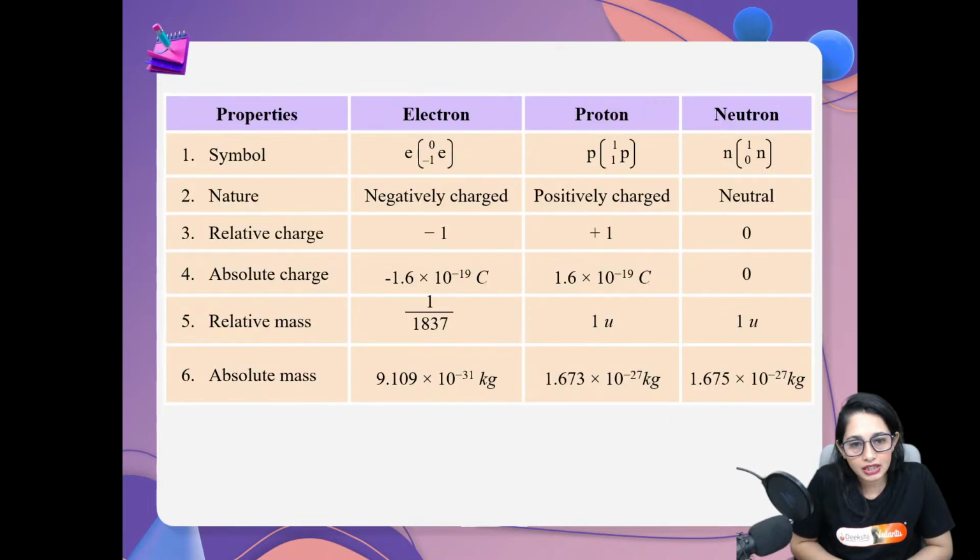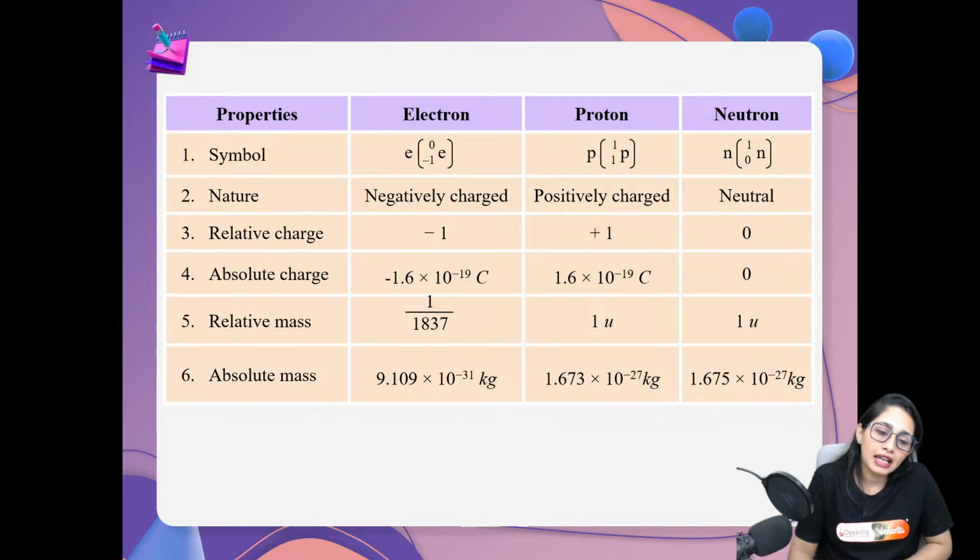Properties, we have discussed it. Symbol of electron, proton and neutron. Nature: electron is negatively charged, protons are positively charged, neutrons are neutral in nature. Relative charge: -1, +1 and 0. Absolute charge: electron, minus 1.6 into 10 raised to minus 19 coulomb. Proton, plus 1.6 into 10 raised to minus 19 coulomb. Neutron, no charge.